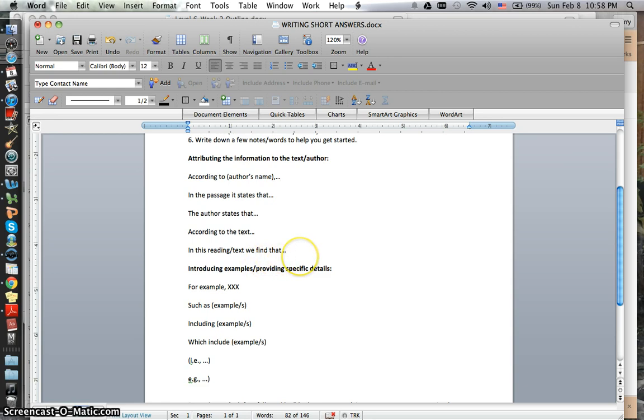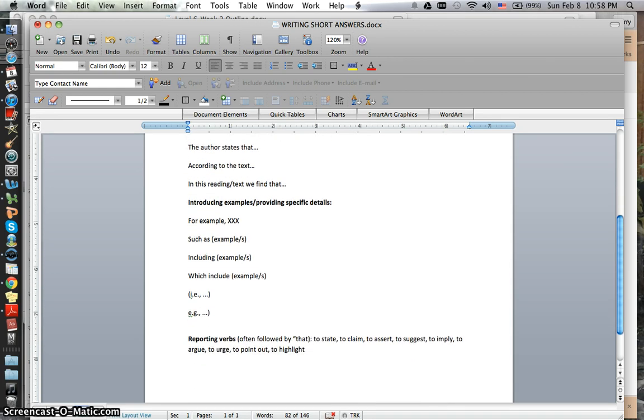we find that something. Okay, also important to keep in mind is introducing examples or providing specific details, and some expressions for doing that are, for example, comma, and then you give your example, or such as, and then you give the example, including.